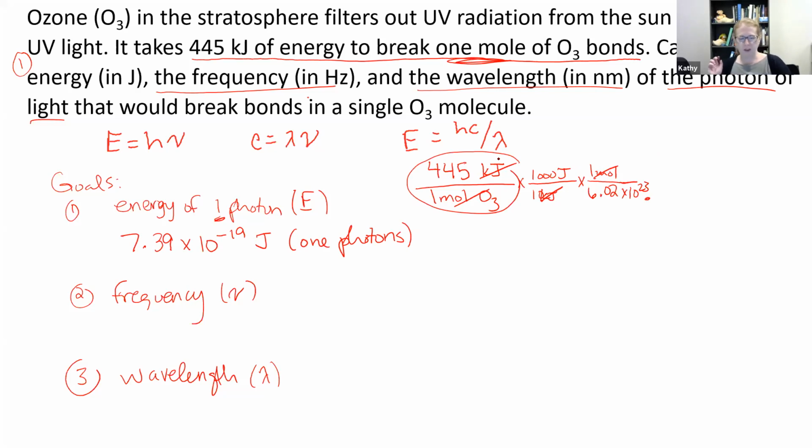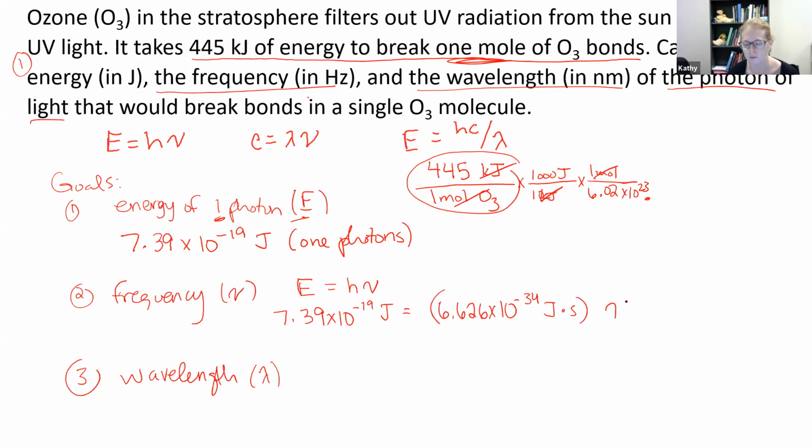Now, I might as well just take that information and go on, right? I know the energy, and I know that energy and frequency are related. I know that I have E equals h nu. I just found the energy. I know Planck's constant because I looked it up. And I'm solving for nu.